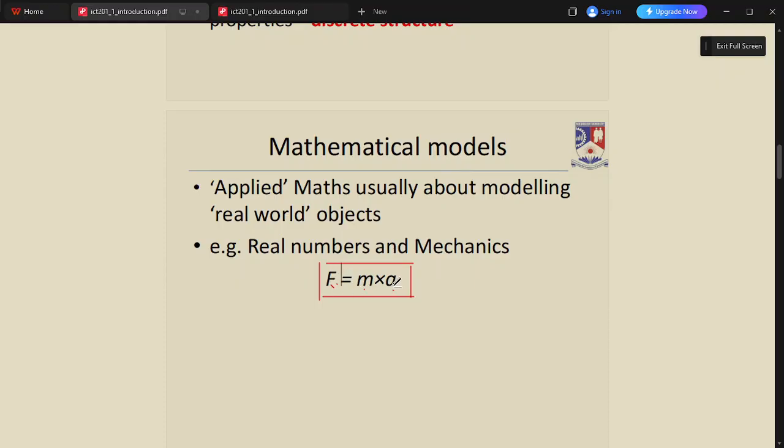Models like Newton's second law of motion help engineers, scientists, and programmers to design systems, solve problems, and make decisions.